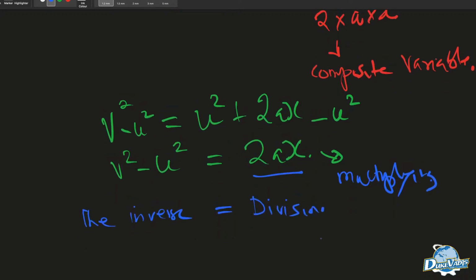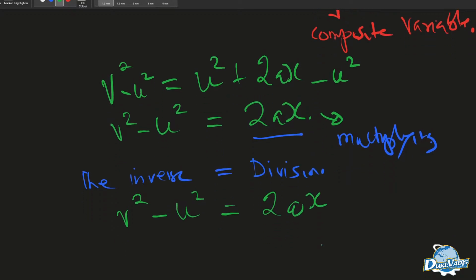So what do we do? So v squared minus u squared is equal to 2ax. We are going to divide both sides by 2a.